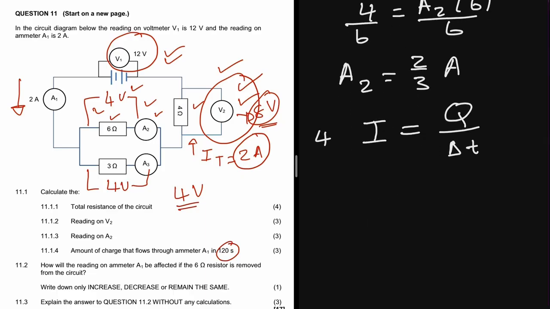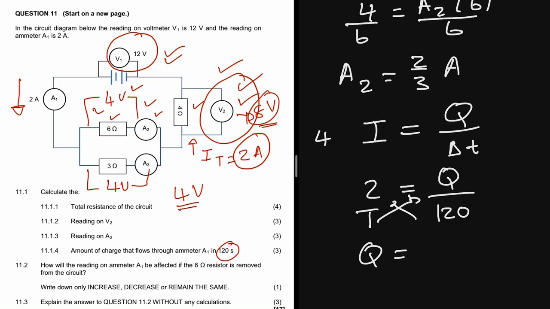We substitute the current of ammeter 1, which is 2 amps, and we're looking for the charge, and the time is 120 seconds. So this is all over 1. When we cross multiply, the charge will be 2 multiplied by 120, which is 240 coulombs. So that is how we will determine the charge.